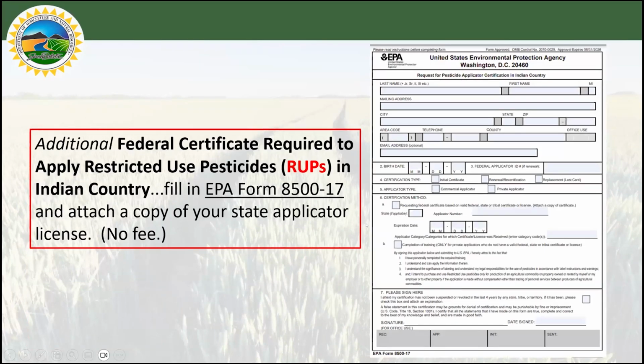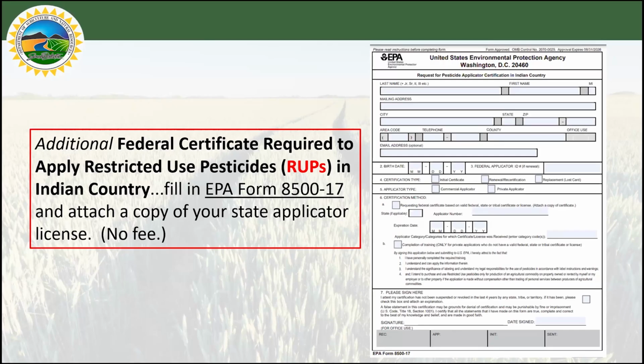Okay. Also a note, and this does apply to anyone applying a restricted use pesticide in what EPA terms Indian country. If you are applying a restricted use pesticide on tribal land or reservation, besides your state applicator license, you apply for a federal certificate with the Environmental Protection Agency. And this is the form number, 8500-17.